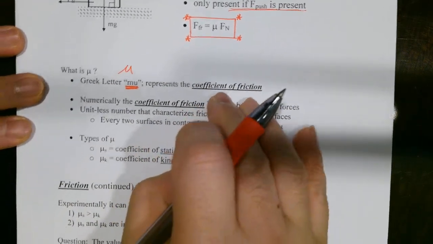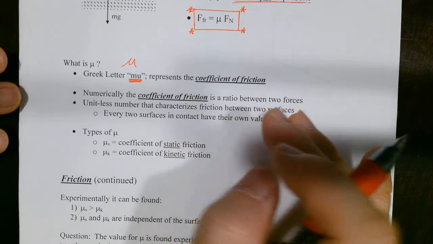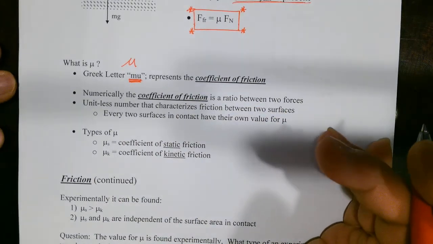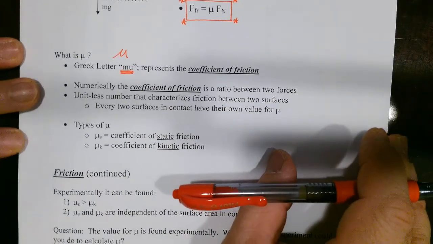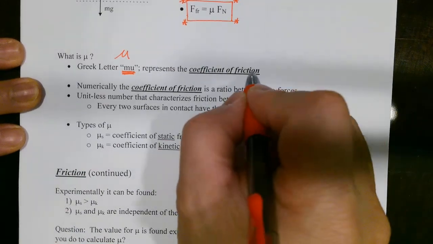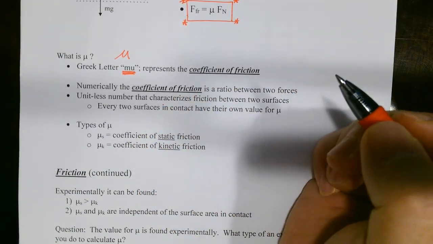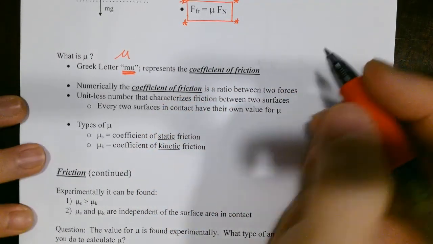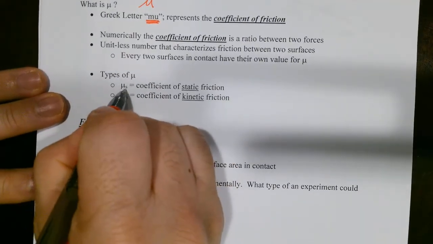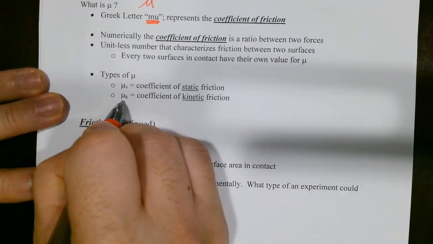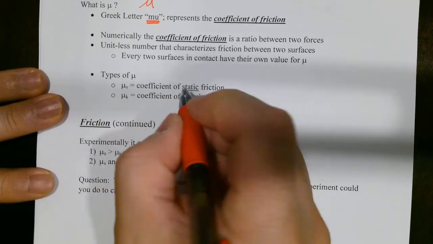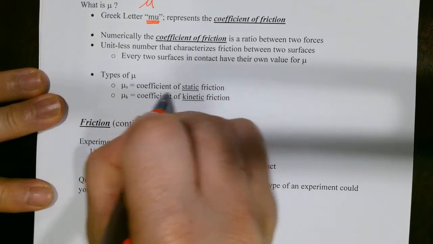This coefficient of friction is different depending on what two surfaces are rubbing against each other, okay? And there are two kinds: mu sub s and mu sub k. Mu sub s happens when it is not moving.